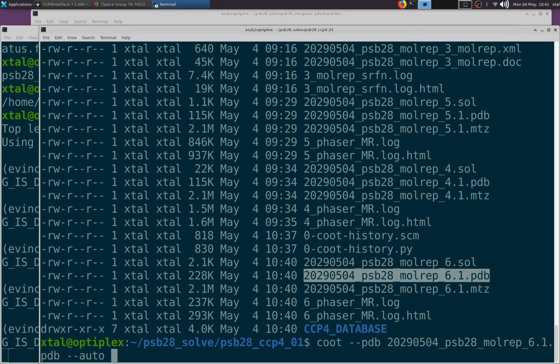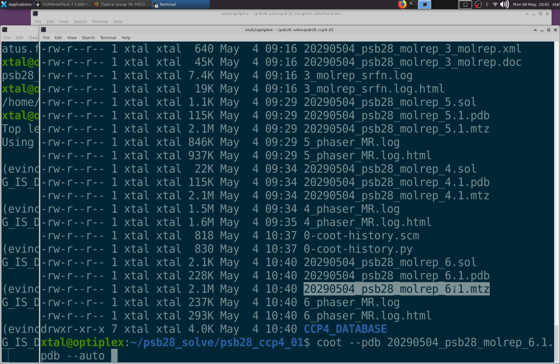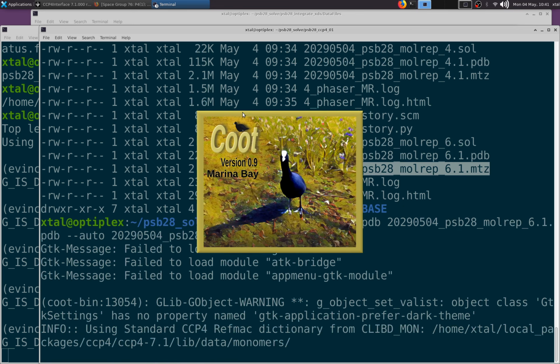And we will look at the MTZ file. So Phaser from the model calculates phases, and then this MTZ file includes the intensities and structure factors. So Coot will now calculate a map using these intensities and phases and display it against the model.